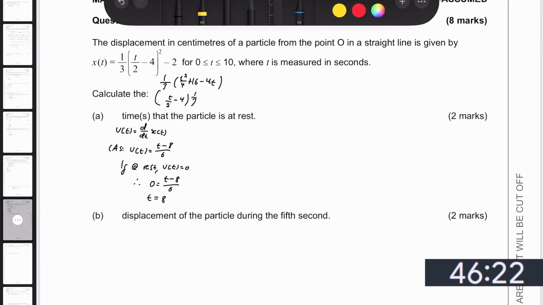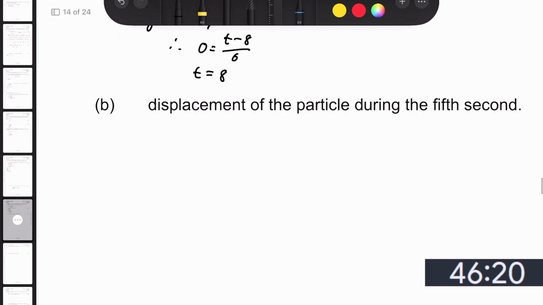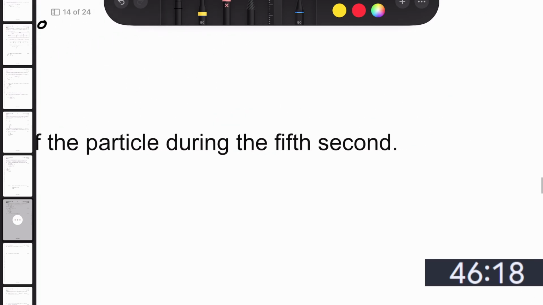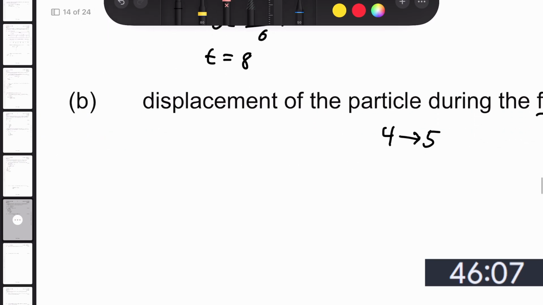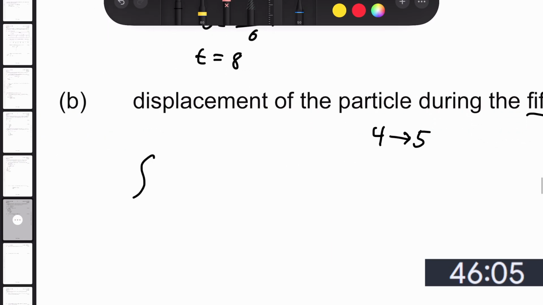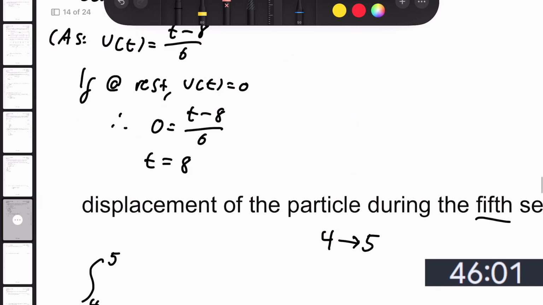Displacement of the particle during the 5th second. Now these ones, once you get past the trickery of this, it's fine. The 5th second is from t equals 4 to t equals 5. I want the displacement, which means I won't need to do absolute values. All I need to do is plug in the velocity function.